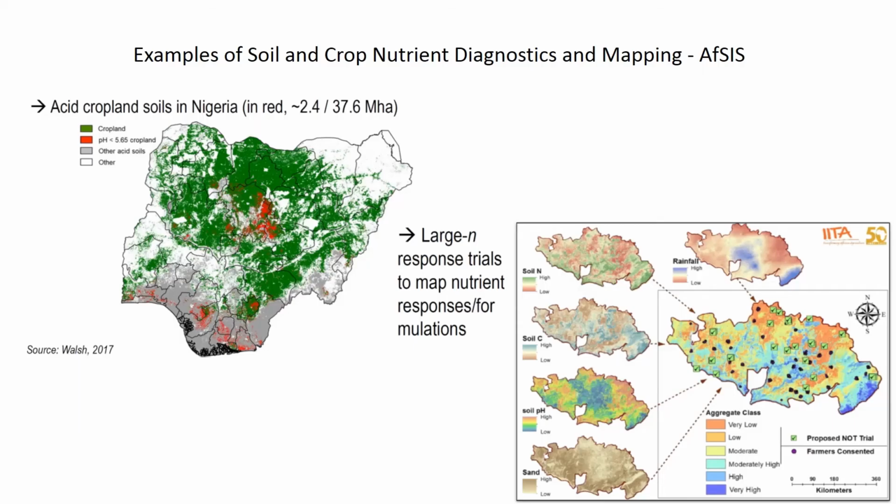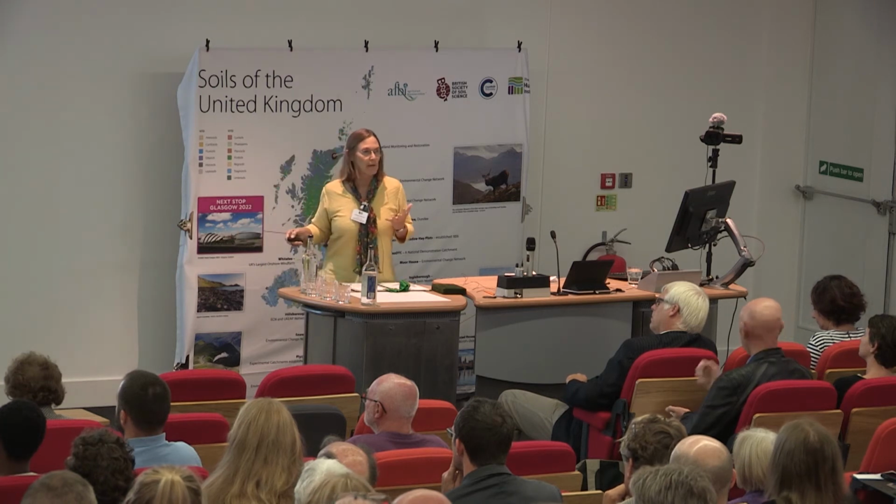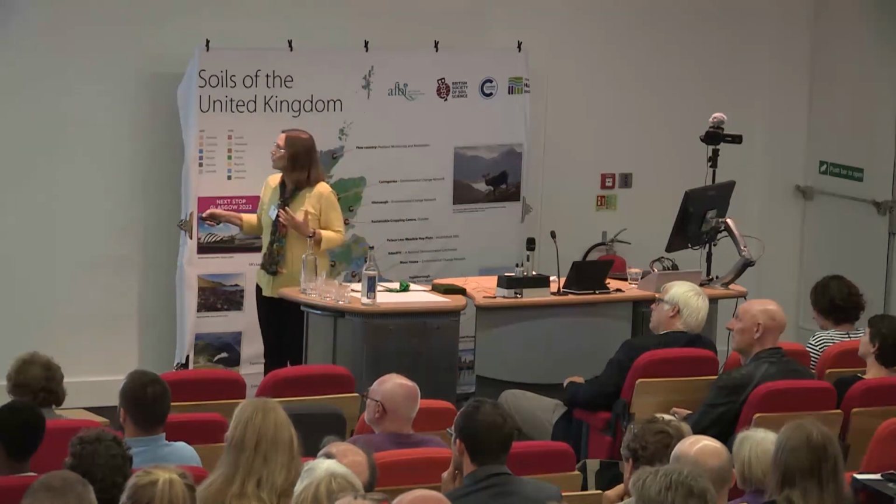And then another thing that AFSIS is doing, in addition to these maps through targeted field sampling, overlays of topography, all sorts of other soil information, is that they're actually going out using all sorts of different soil features, and you can get all these soil features online, to decide where to sample, to validate some of the soil tests or some of their soil maps.